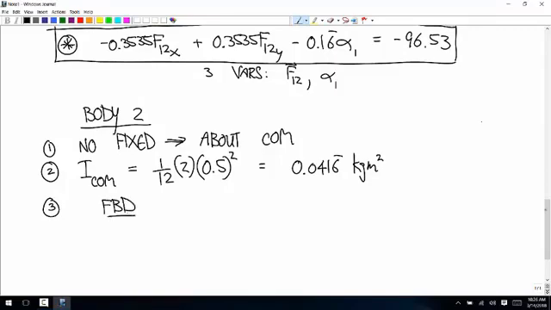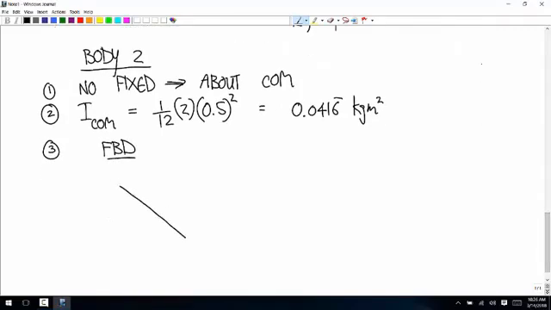And then free body diagram. We have the weight at the center. At the joint, we have the force on 2 by 1, which is negative F12. And then for this one, we have a clockwise couple of 100 Newton meters.